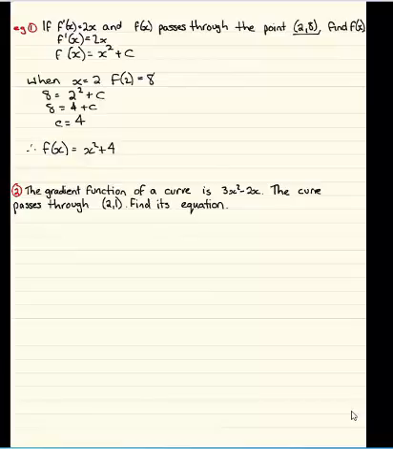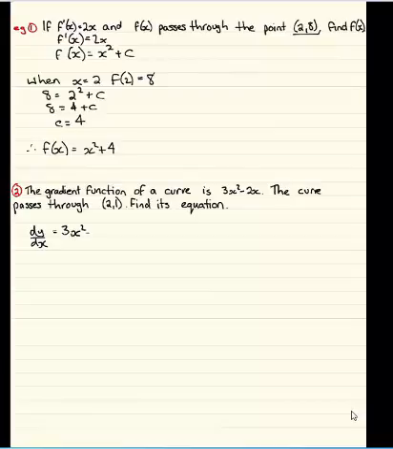Alright, so let's have a look at another one. The gradient function of a curve is 3x squared minus 2x. The curve passes through (2, 1), find its equation. So what curve was that? Well, they've told me that, now you can use whichever notation you like here. You can use dy dx, you can use f dash x, it's up to you, whatever you're comfortable with, because they haven't given us one, so it doesn't matter.